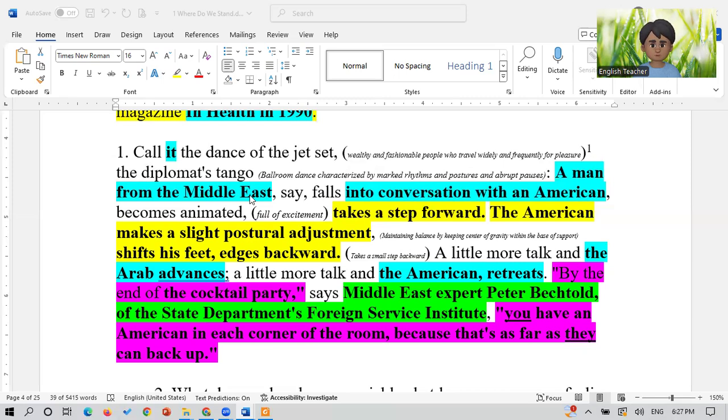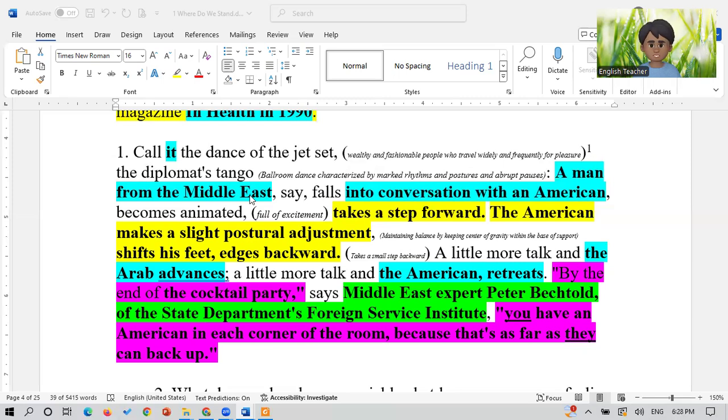and in this cocktail party, the Middle East fellow joins a conversation with the American fellow. The Middle Eastern person is quite excited and he moves forward toward the American, whereas the American makes postural adjustment.